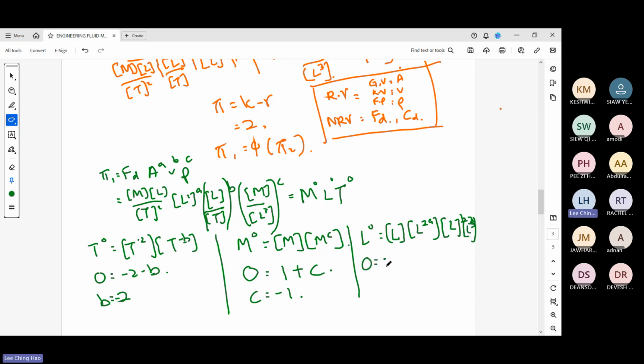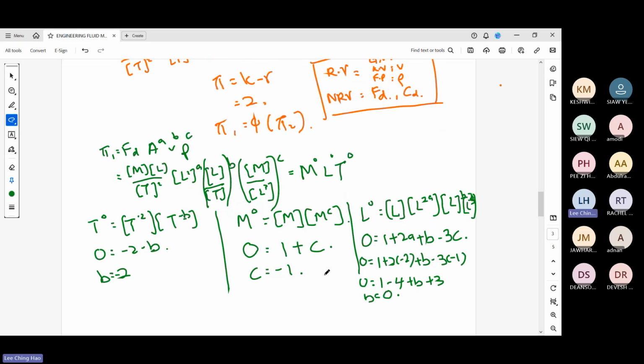So you get 1 plus 2A plus B minus 3C. Based on the findings, 1 plus negative 2 plus B minus 1, so it becomes 1 minus 4 plus 3, sorry. Plus 3. So you get your B equals to 0.